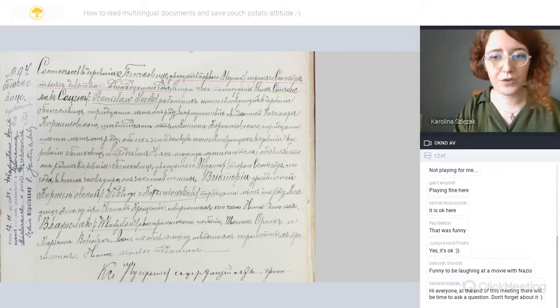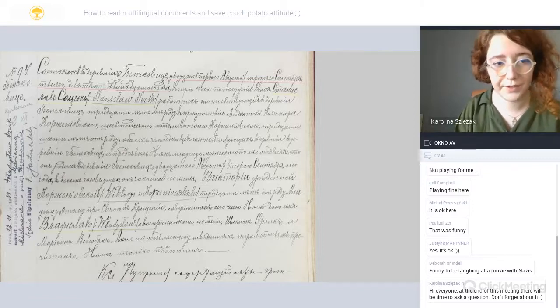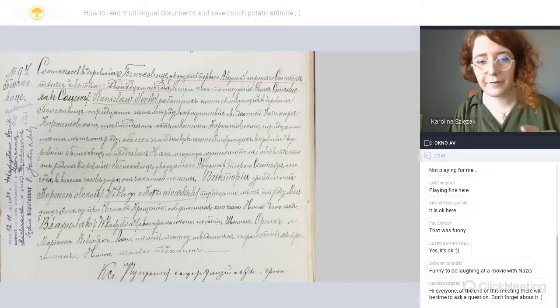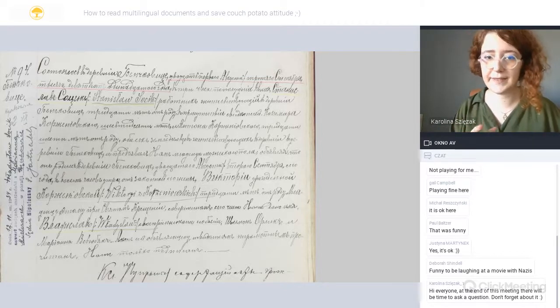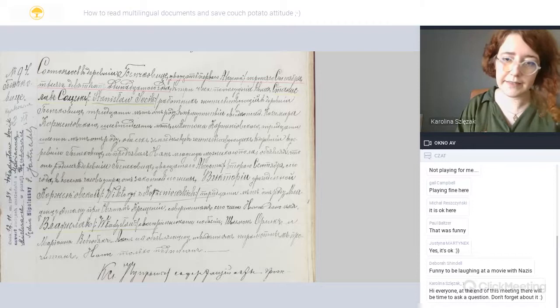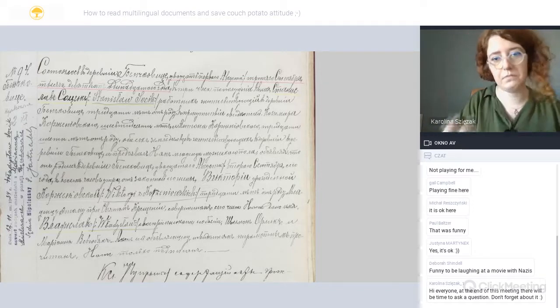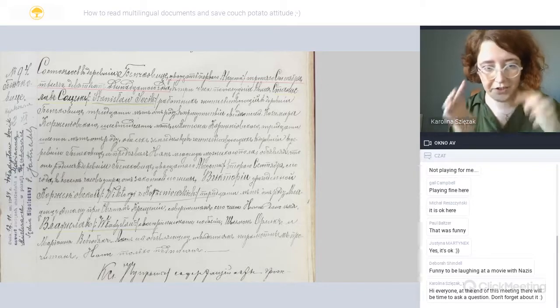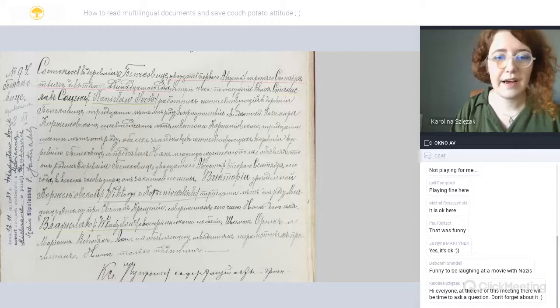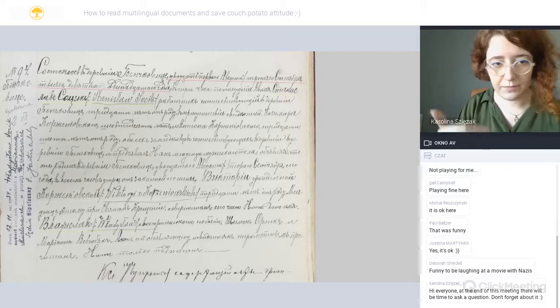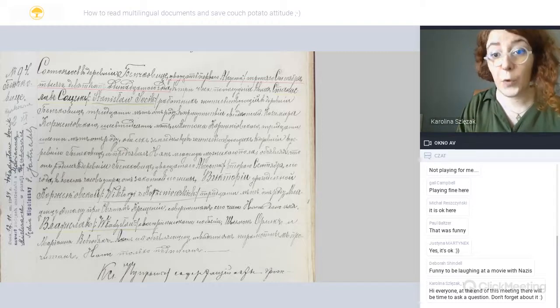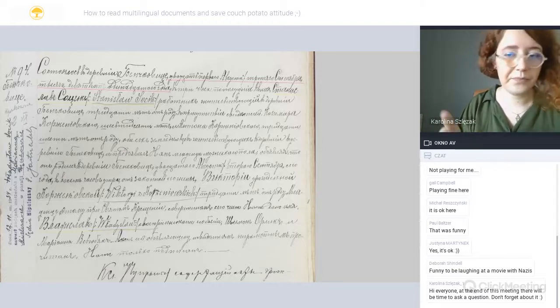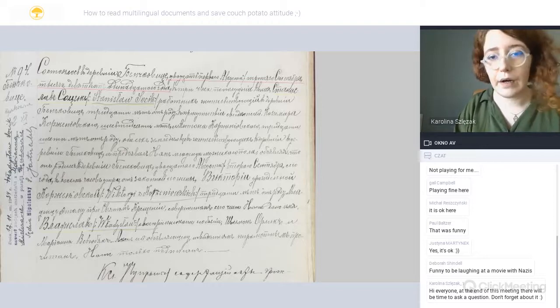So I won't translate whole sentences here, but just show you that we begin every act with a similar story. We read that in a place called blah blah blah on the day, and when we learn how to decipher the days and the names of the months, we read who came to register the birth of the child, the marriage, or someone's death.